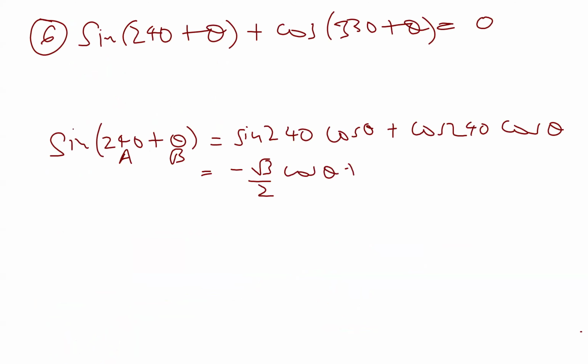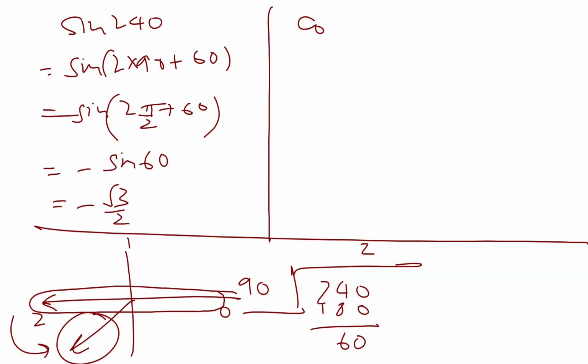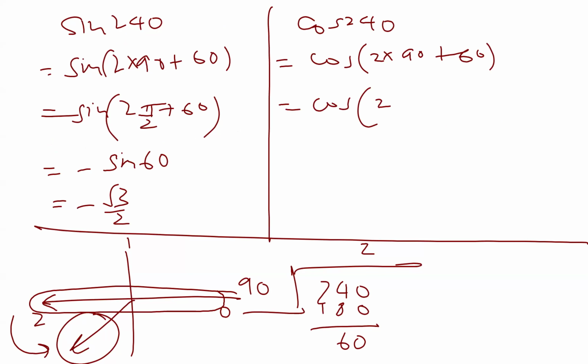Cos 240, same calculation because the angle is the same. 2 into 90 plus 60, 2 pi by 2 plus 60. The diagram also will remain the same, plus is the anti-clockwise direction.